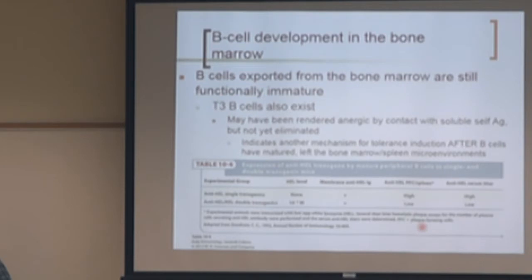They don't divide or proliferate in response to it either. So that's what we consider anergic. They haven't died, they're not apoptotic. The reality is they don't live as long. These cells don't tend to live as long as mature B2 cells.